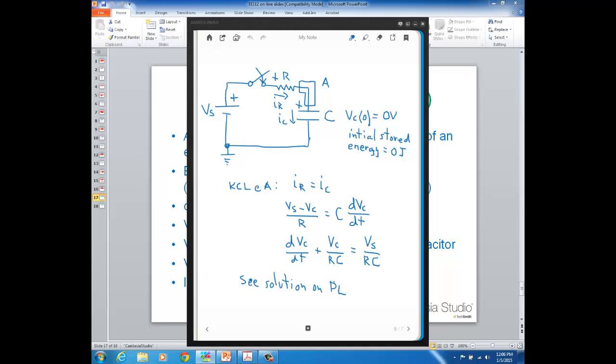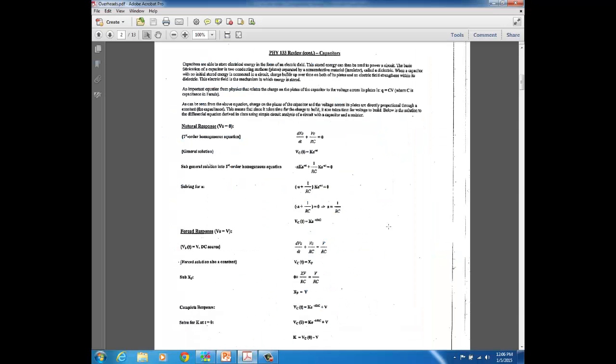And then on Polylearn, I have a handout that shows the solution of this first order differential equation. Right here, we find the natural response. Also on this handout, there's a little description of the basics that we talked about on the PowerPoint.